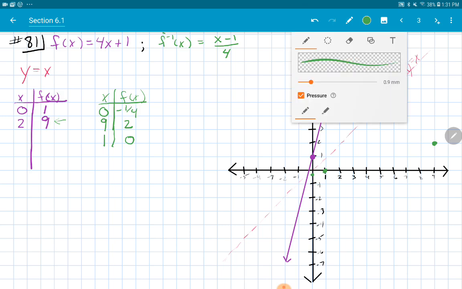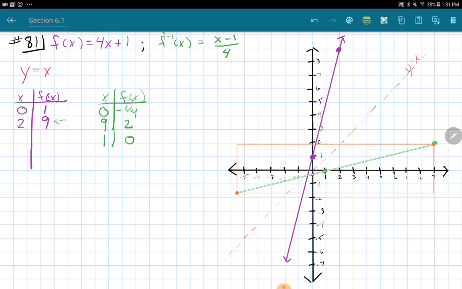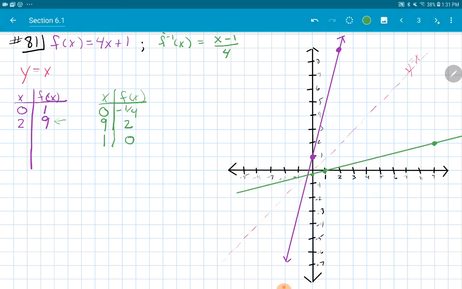So I should be able to get a straight line that goes through those 3 points. Okay, I think that looks good.